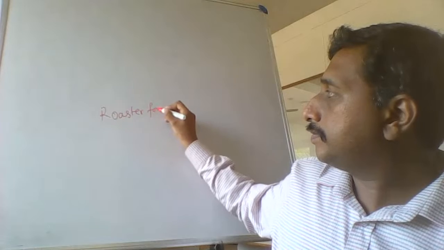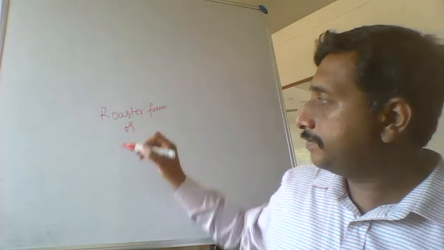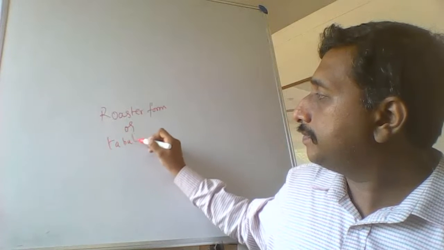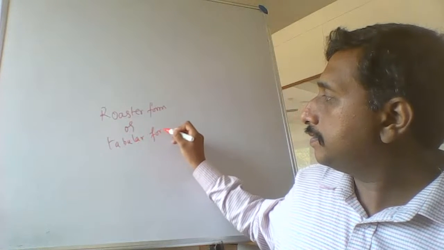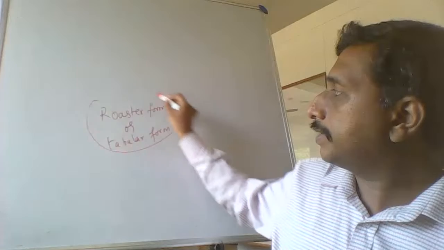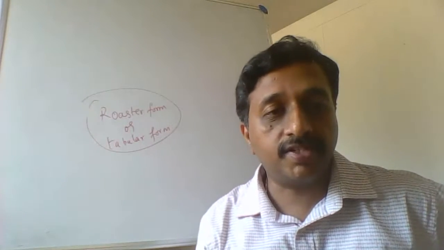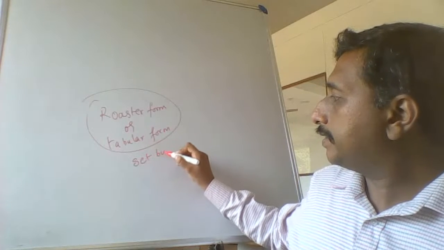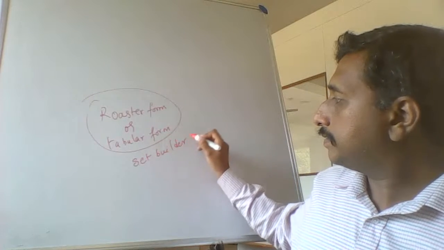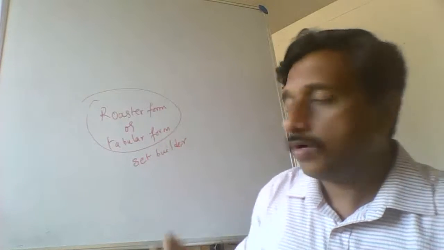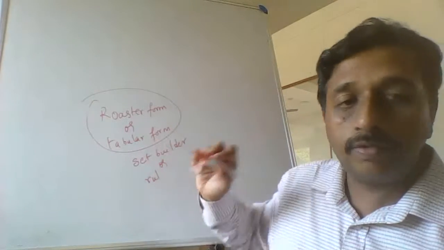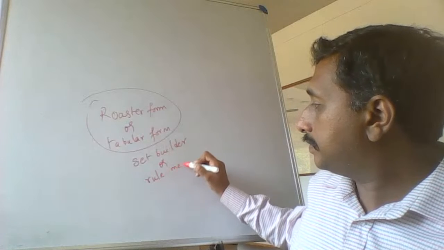Roster form, or tabular form, is one type of set representation. Also, we have set builder form, or the rule method.